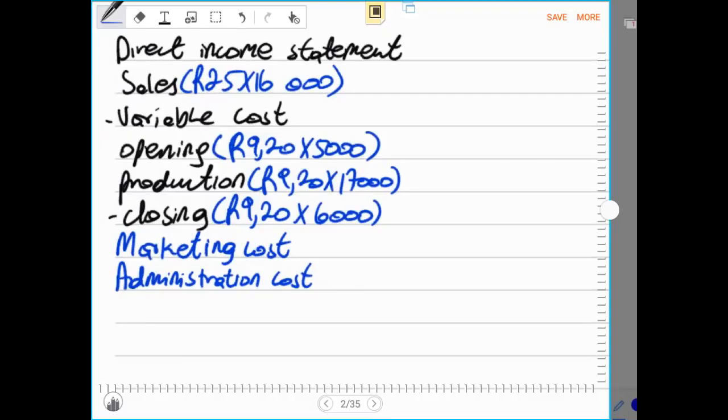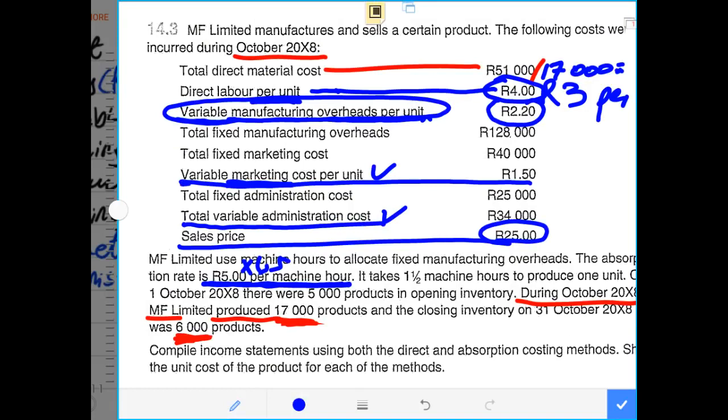Then let us go to the marketing cost. Our marketing cost was given to us as variable marketing cost per unit, and that is R1.50 per unit. And as I said to you, marketing costs are based on the number of units that were sold, because we are marketing a product with the intention to sell it.